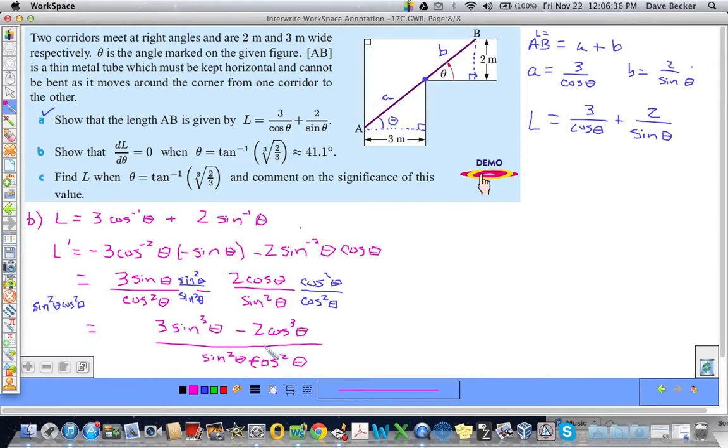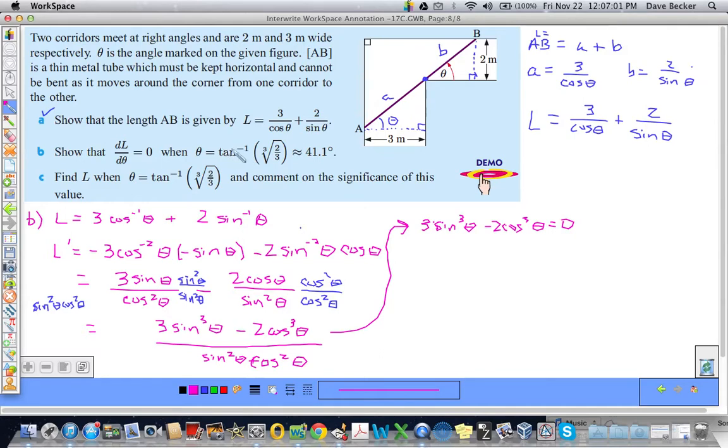So the only way a fraction is equal to 0 is when the numerator is equal to 0. So now I have to solve this. I got to set my numerator equal to 0. 3 sine cubed theta minus 2 cosine cubed theta is equal to 0.